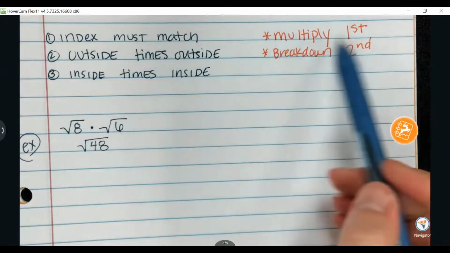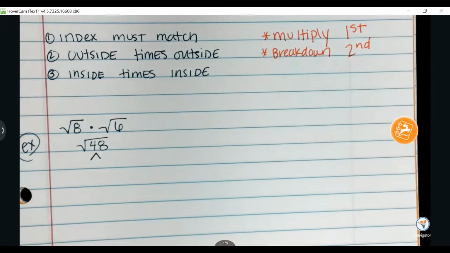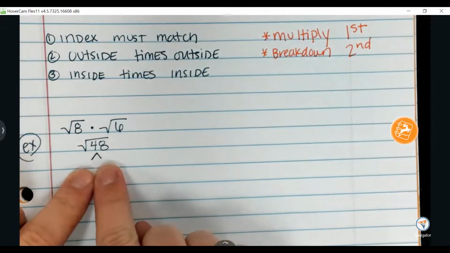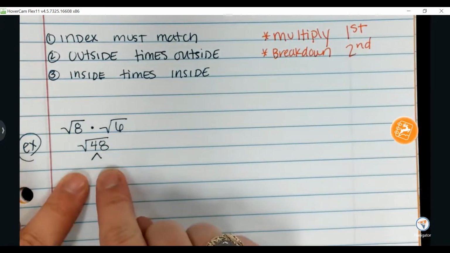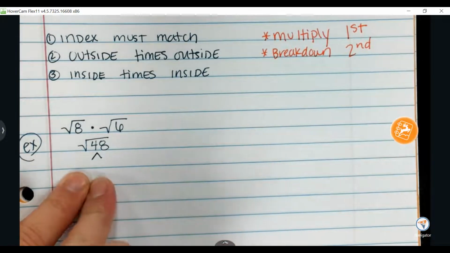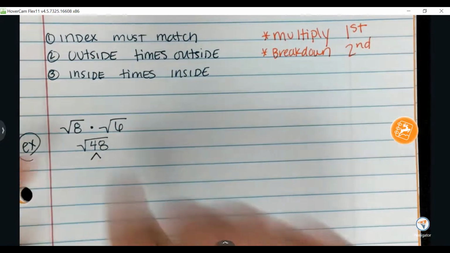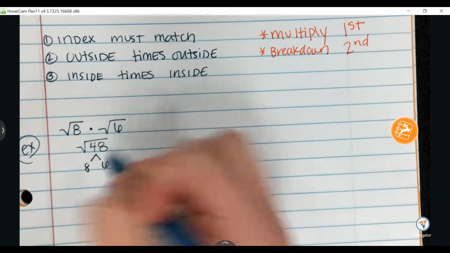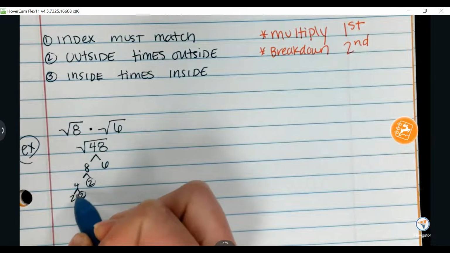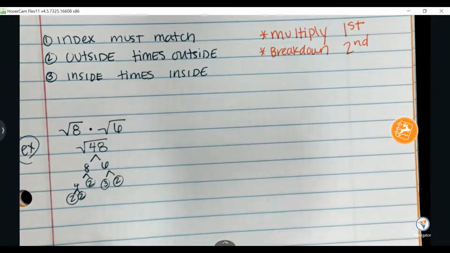Since I multiplied first, break down second. So what can 48 break down into? What did we multiply to get 48? 8 and 6. Do I have to use those? No, but when you get some wonky numbers like 236 and you're like, what goes into that? Well, use the numbers you multiplied. So I have 8 and 6. 8 can break down into 4 and 2, 2 and 2. 6 is 3 and 2.